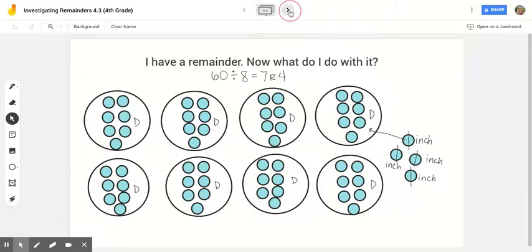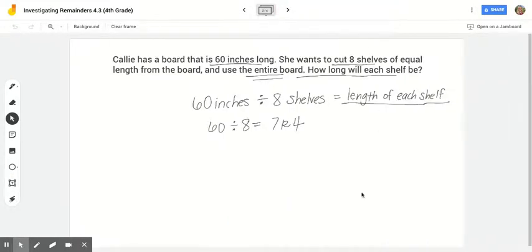So let's go back over here. We can think about using the remainder 4, and how many things it's getting split between, 8. So we can say each shelf will be 7 and 4 out of 8 little pieces, which is the same as 7 and 1/2. So we could see how each of the groups got 7.5 inches.